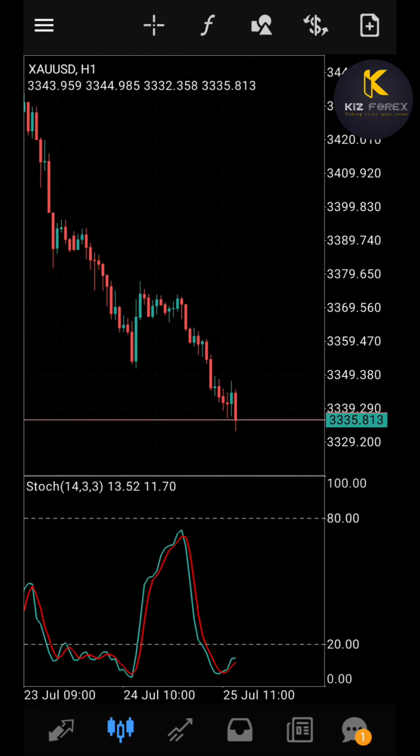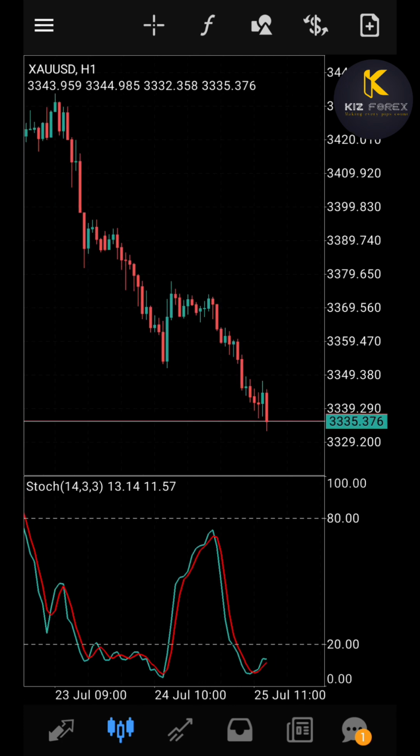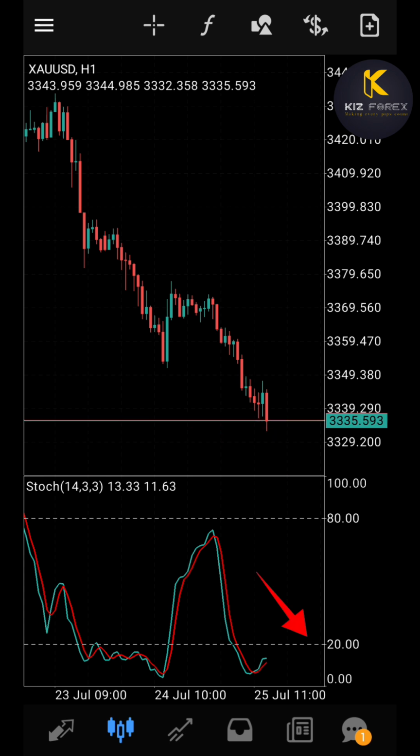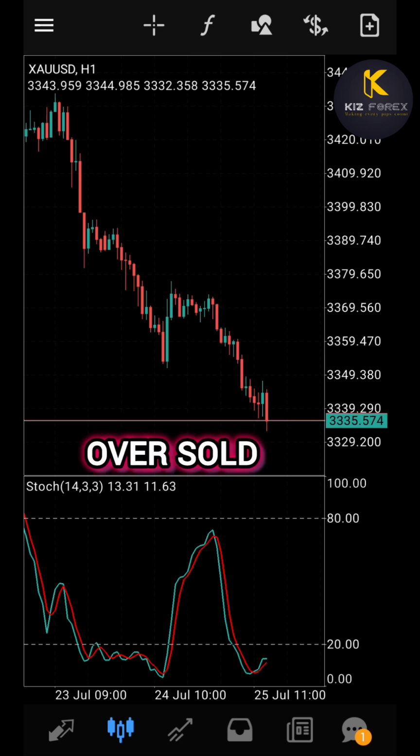So this is very important in this strategy. Now if those two lines run above the 80 line, meaning it has overbought, and then if it runs below the 20 line, meaning it has oversold.